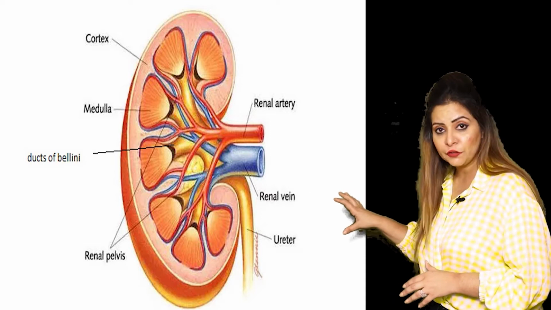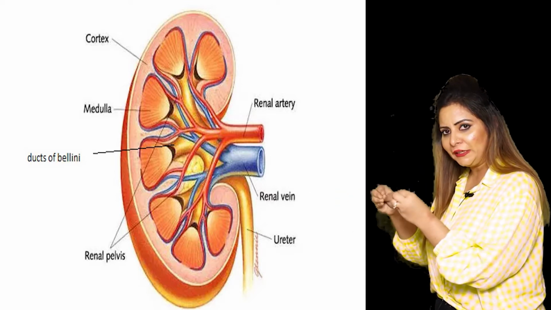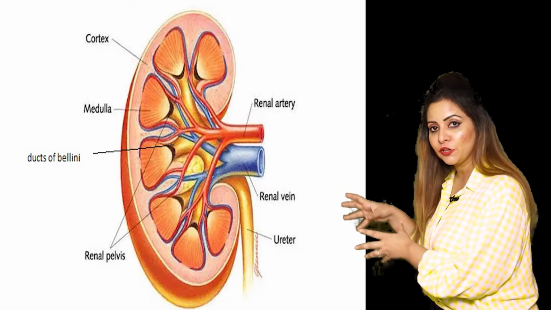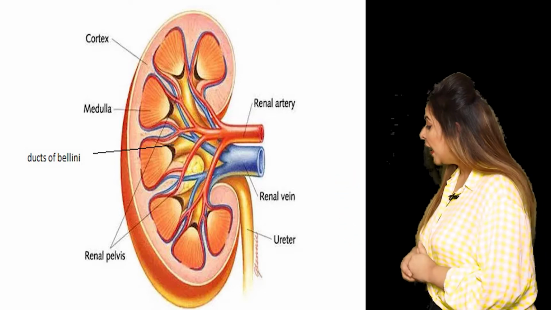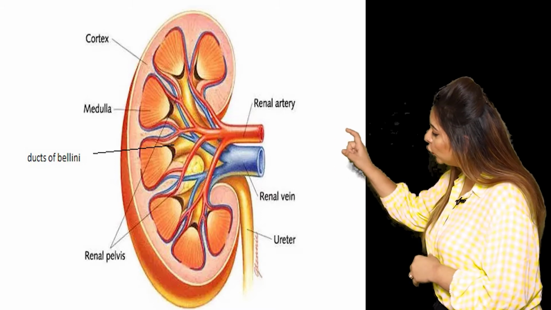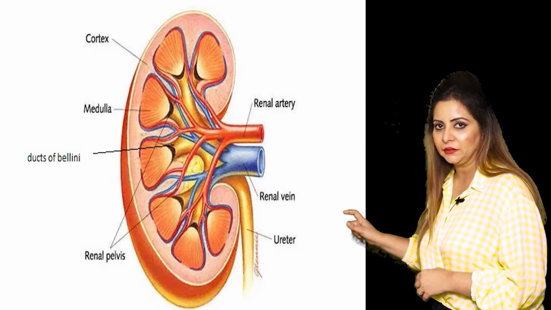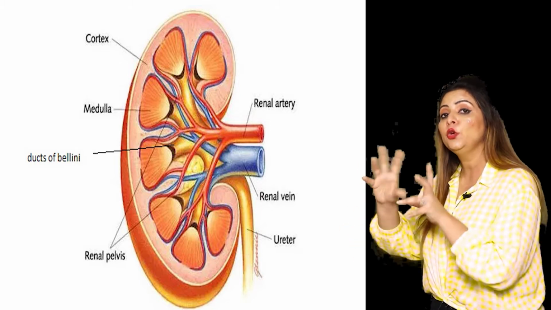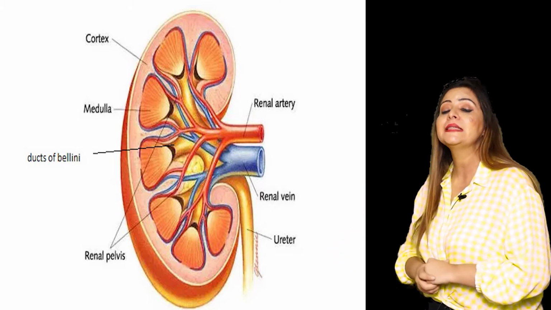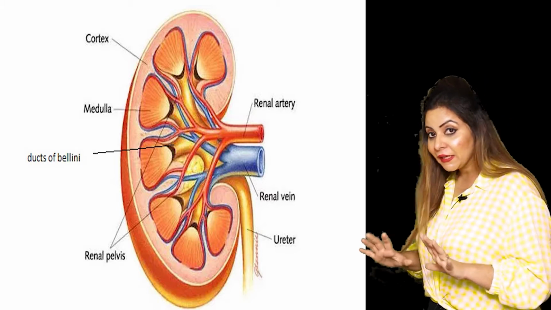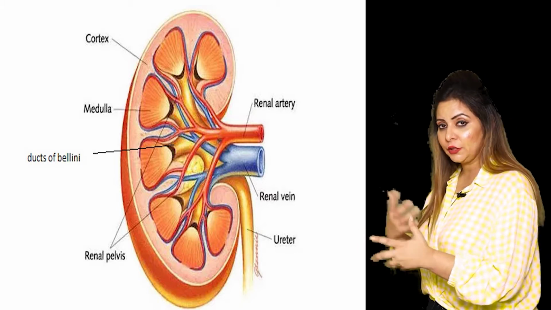Then we have ducts of Bellini, that is many small ducts which are uniting to form a big duct, those minute ducts. And then they all are leading into a tubular structure, that is called the ureter. And the point from where the ureter emerges is called the hilum. So I think it's clear. So let's do it again.